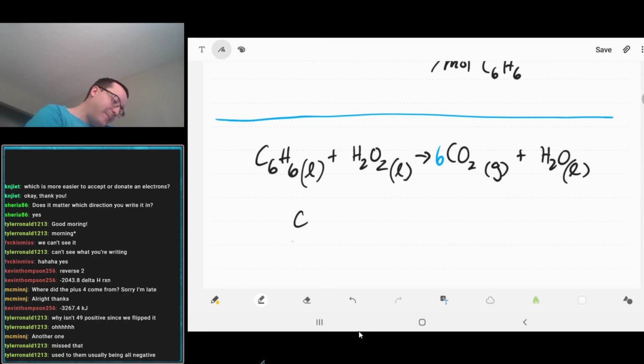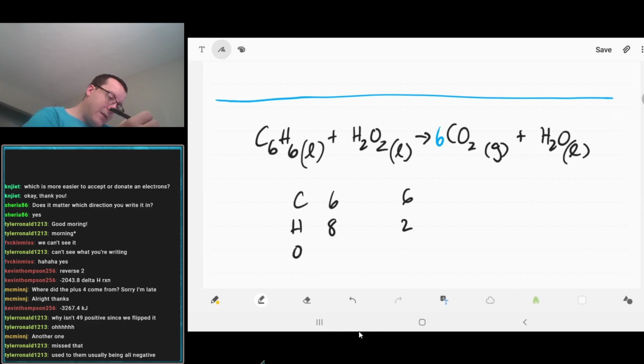Alrighty. So we have 6 on the left, 6 on the right. We have, oh, because, duh, we have hydrogens there. Okay. So there's your pro tip for the day. Being a chemistry instructor does not mean you can balance equations in your head automatically.